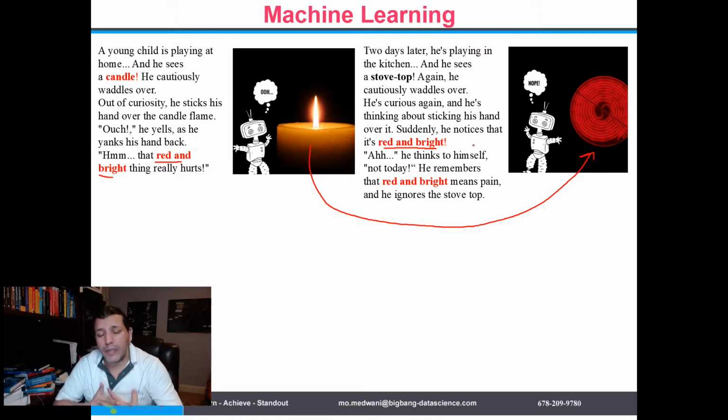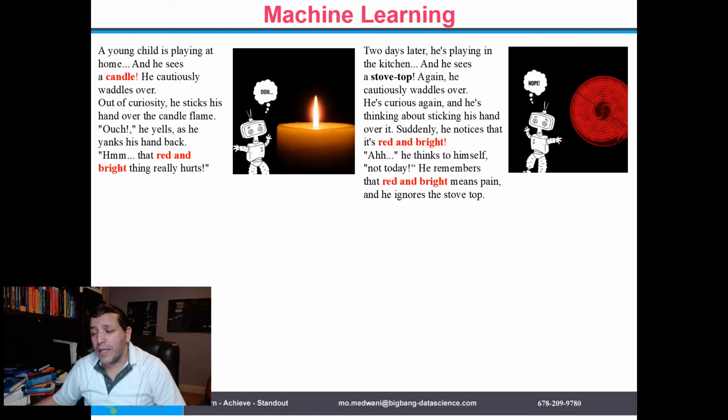Machine learning simply uses historical data, learns patterns, and uses the patterns learned from historical data to determine an outcome on unknown, unseen data. That is machine learning. But here is the problem with this machine learning.